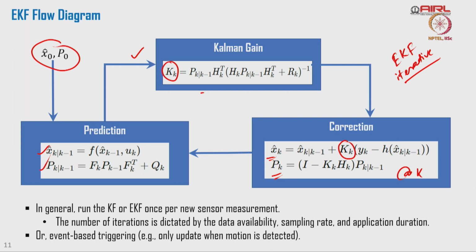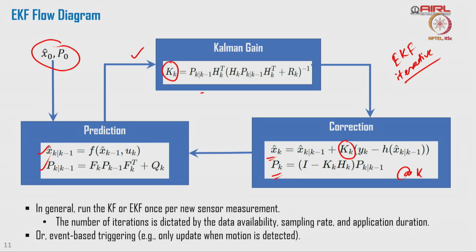We will go through an example and then it will be more clear how the extended Kalman filter works better than the Kalman filter when the process is nonlinear or the system is a nonlinear system. In general, we run the Kalman filter or extended Kalman filter once per new sensor measurement.